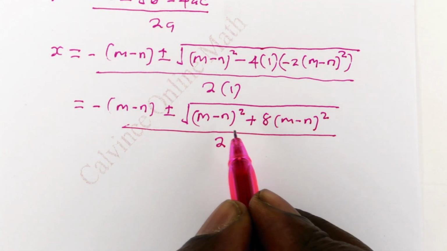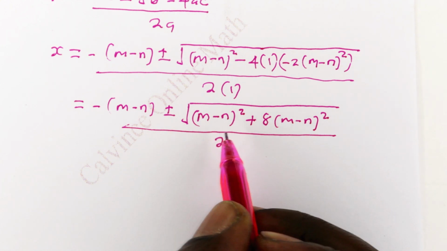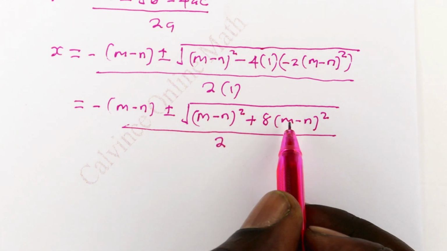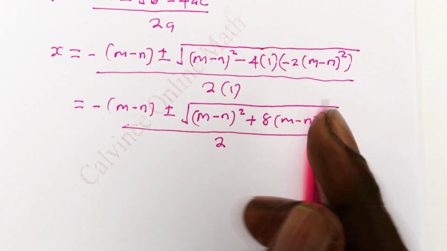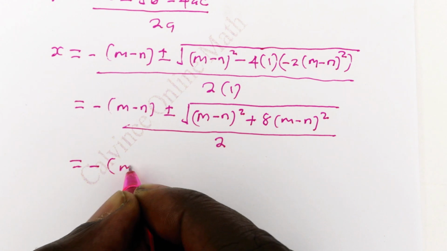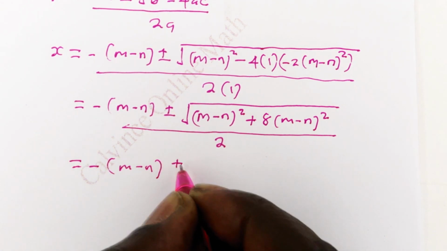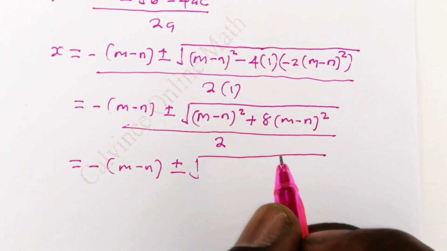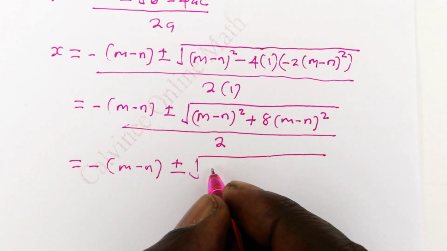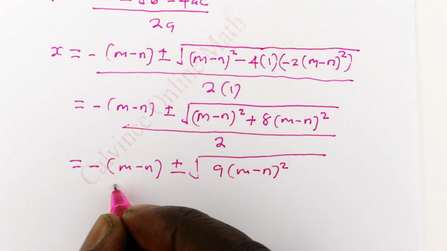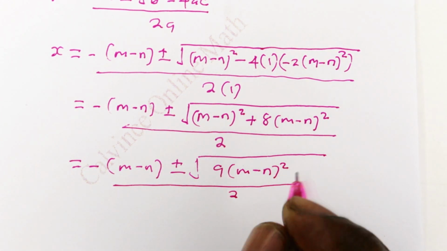If you look under the root, you're going to see that these are similar terms. So we can actually add them. This is 1 and these are 8. We combine them so that we get 9 of those. So we're going to have minus (m minus n) plus or minus the root of 9 into (m minus n) squared, and that is over 2.